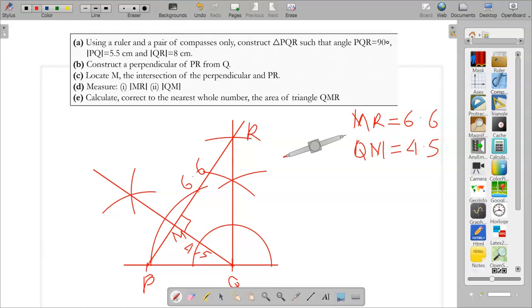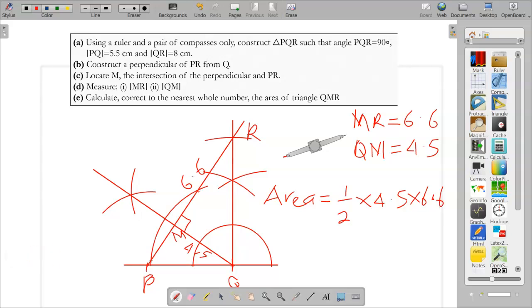And so we know that to find the area of a triangle, we use the formula half base times height, and the base is 4.5 and the height is 6.6. So we just multiply and then divide by 2, and that gives us the answer.